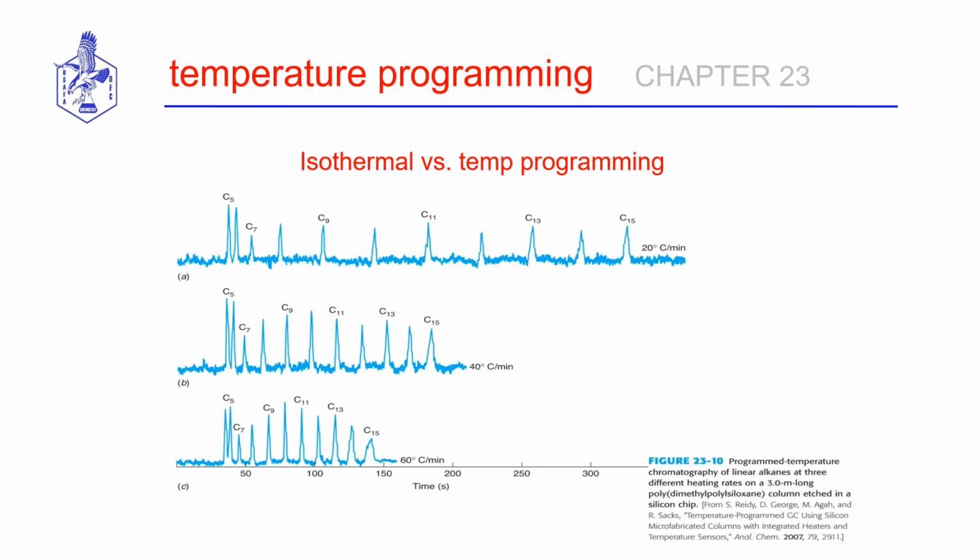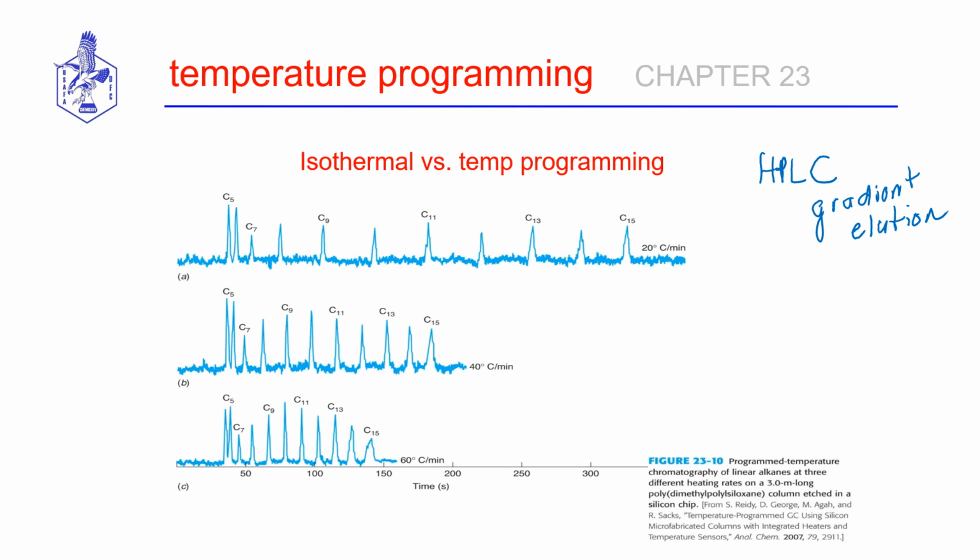If you'll remember in HPLC, we were able to reduce retention times and make our separations much more efficient by doing what we call gradient elution, where we change the composition of the mobile phase as a function of time.